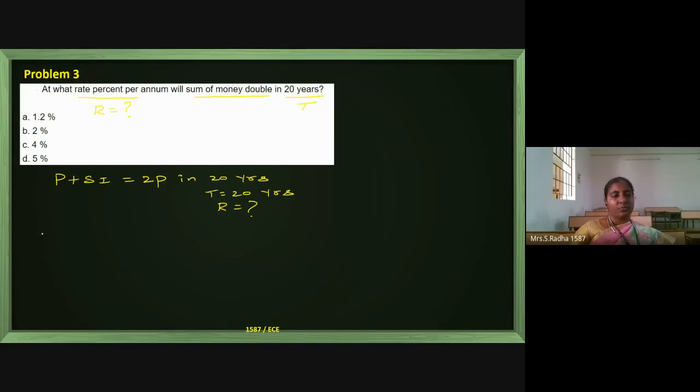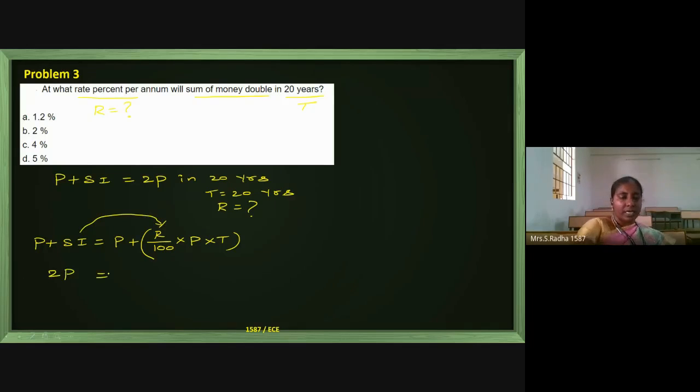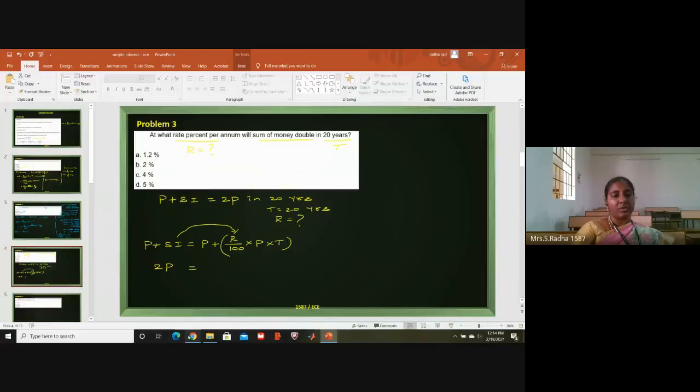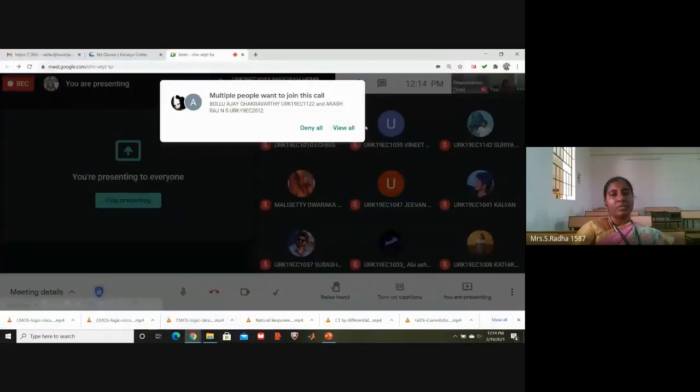So what I will do: principal amount plus simple interest is nothing but principal amount plus R by 100 into P into T. I am writing the formula for simple interest. The second term is the formula for simple interest. In the given question, the sum of principal amount and simple interest is 2 times the principal amount.